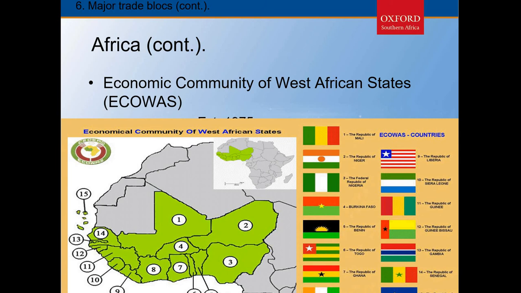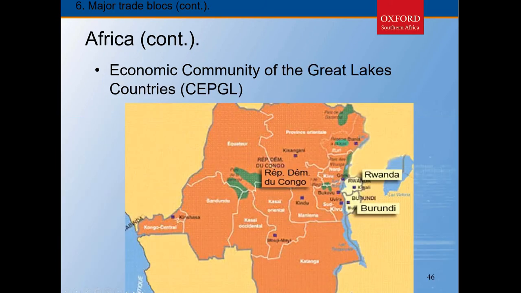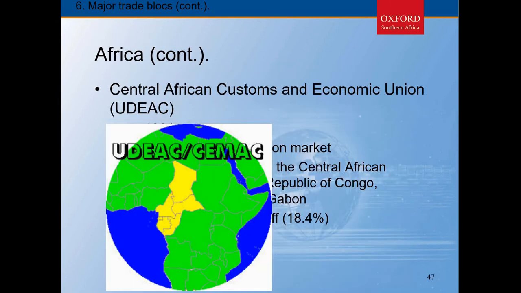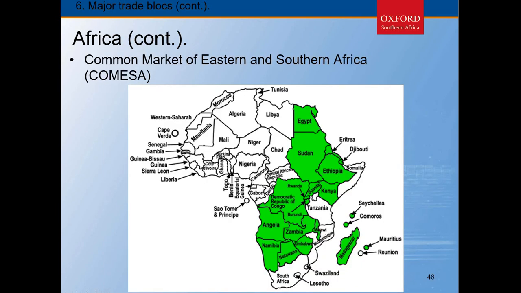You have ECOWAS, which is the Economic Community of West African States. You've got the Economic Community of the Great Lake Countries, Central African Customs and Economic Union, the Common Market of Eastern and Southern Africa.